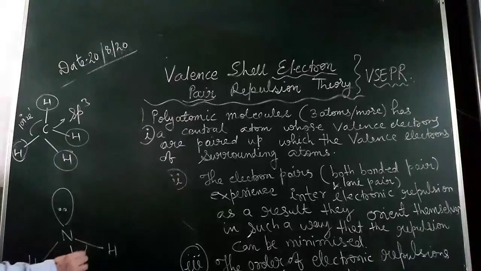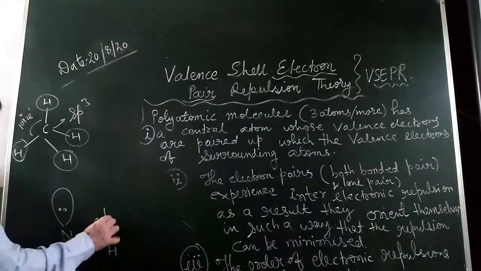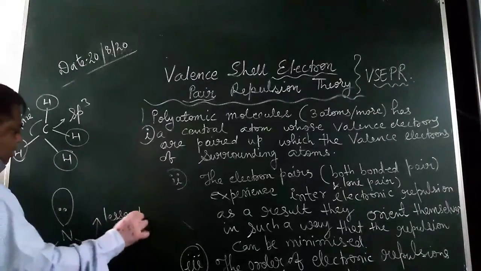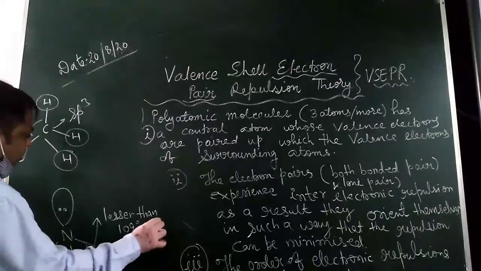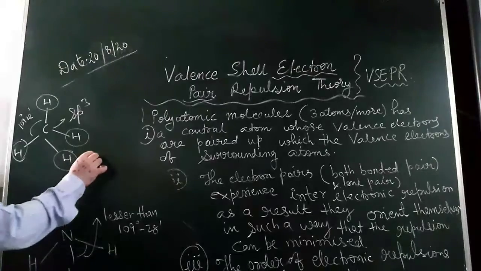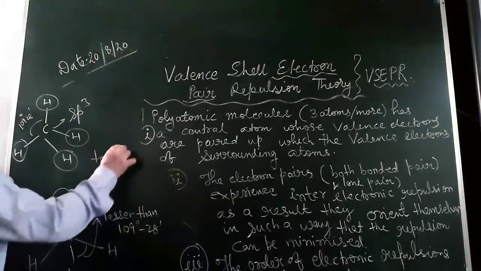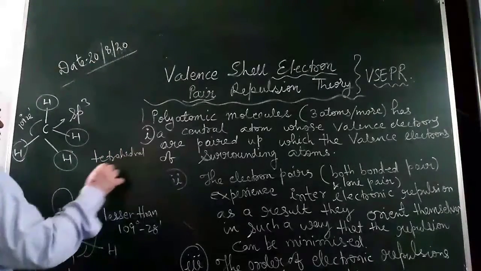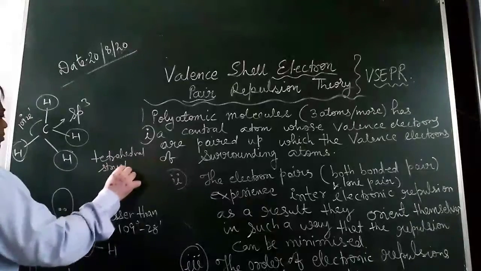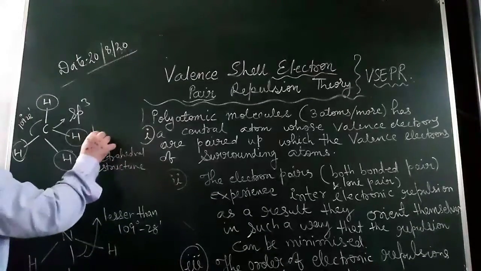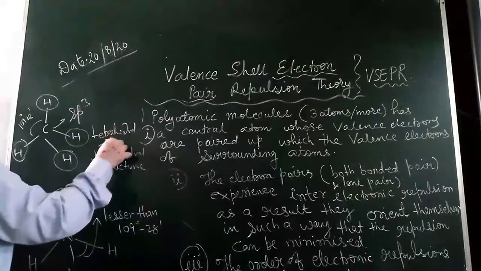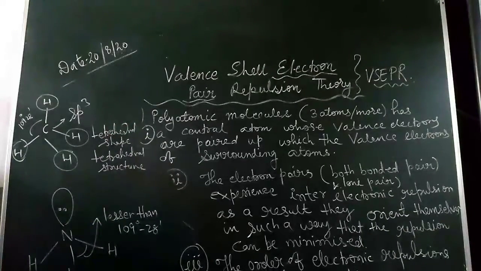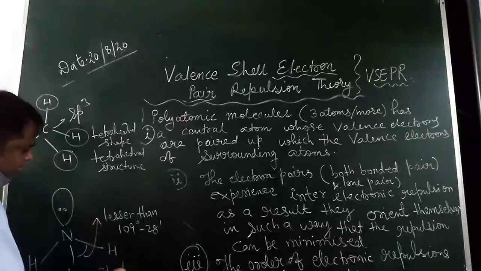That is why its bond angle was lesser than 109 degree 28 minutes. Both the structures are tetrahedral structure. It has tetrahedral shape also. Tetrahedral shape as well as tetrahedral structure. But in case of ammonia, structure is tetrahedral.